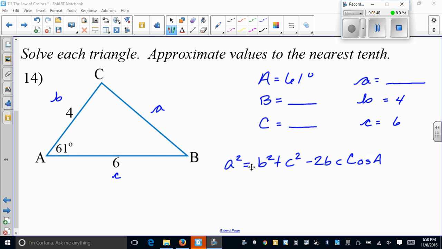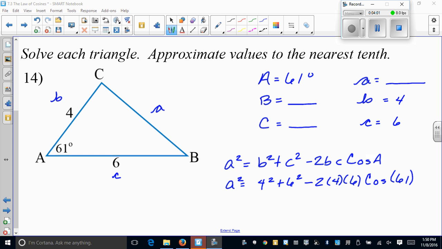Let's plug our values in. So a squared equals 4 squared plus 6 squared minus 2 times 4 times 6 cosine of 61.